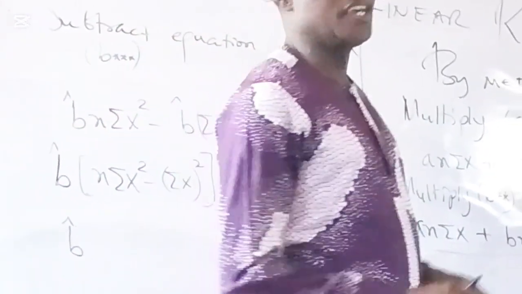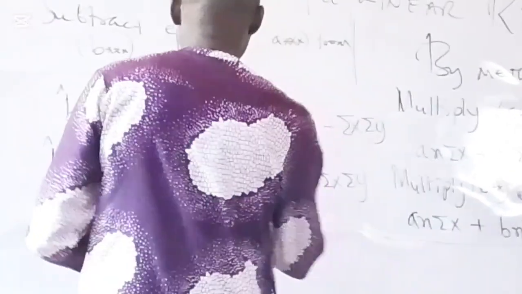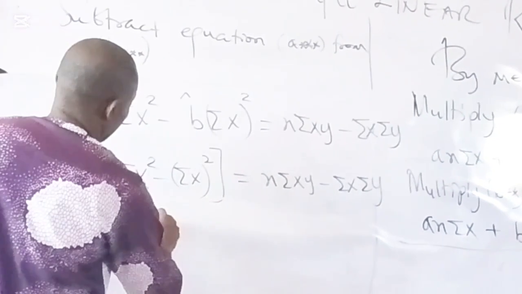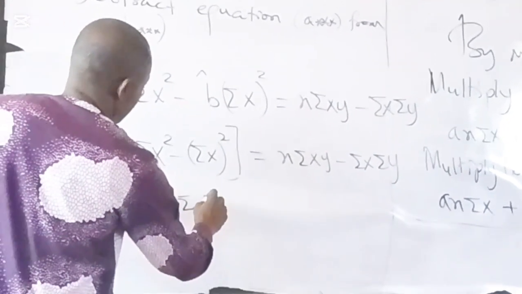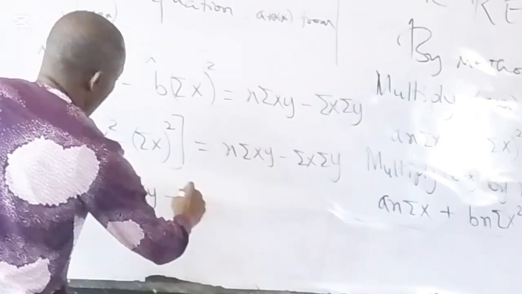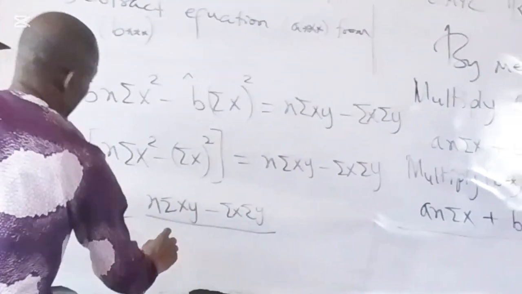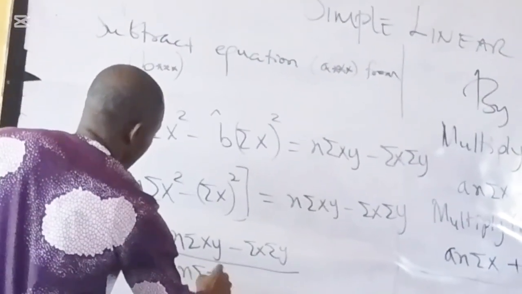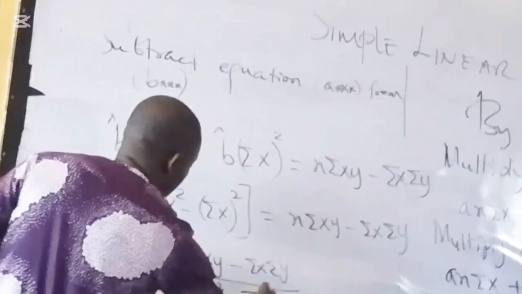If we want to make b the subject of the formula, our answer will now be n sum of x, y minus sum of x, sum of y, all over n sum of x squared minus sum of x all squared.